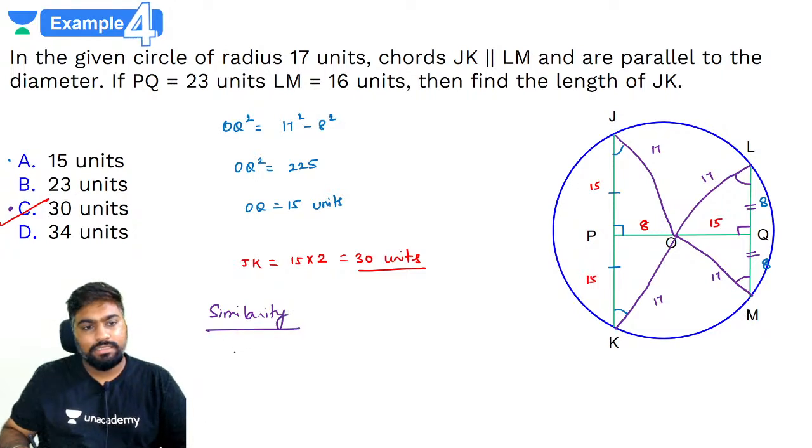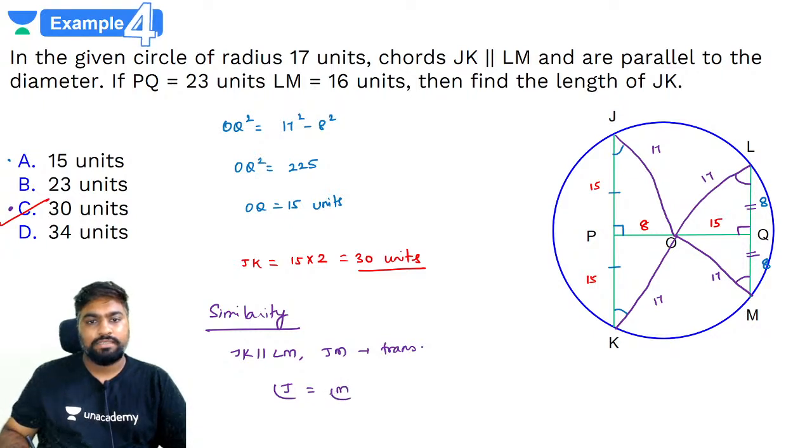Since JK is parallel to LM, and if I consider JM to be the transversal, then angle J becomes equal to angle M. Same way, angle L will become equal to angle K.